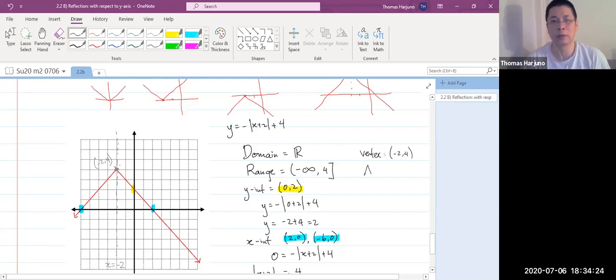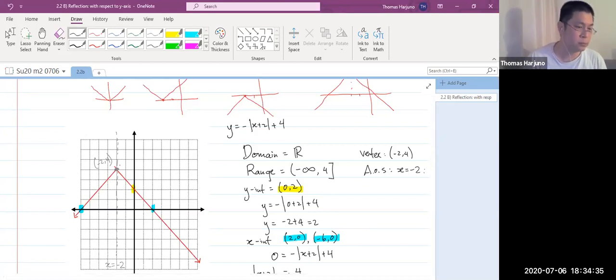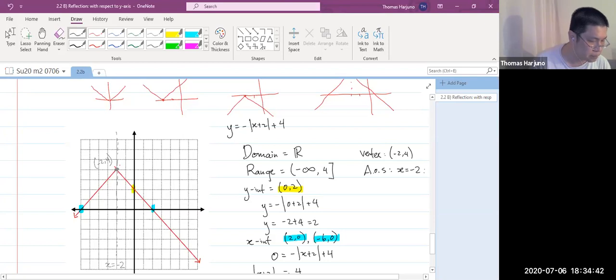The axis of symmetry is x equals -2. Okay, now that's about this reflection.